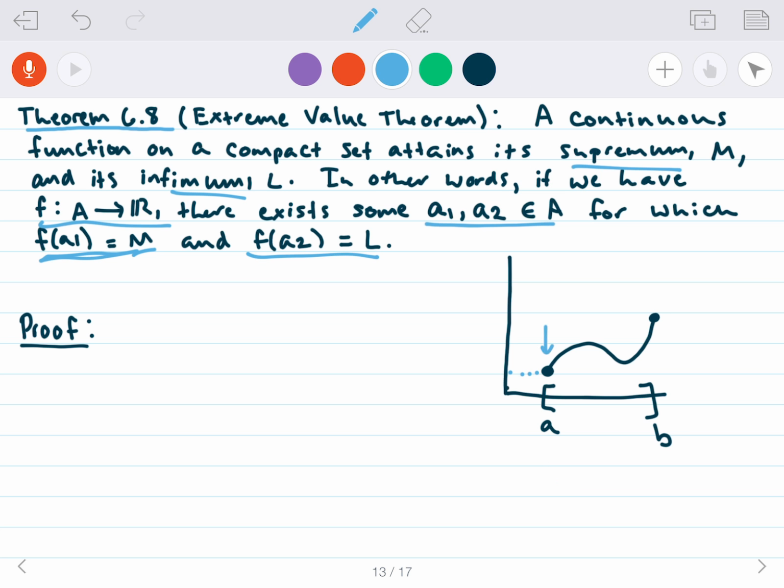This is my infimum, and this is going to be my supremum. And it's just saying that A is actually in the set. f of A is going to equal L, and f of B is going to equal M. So that's the statement of the theorem, and let's go ahead and show this is true.